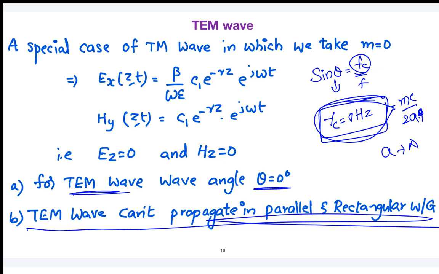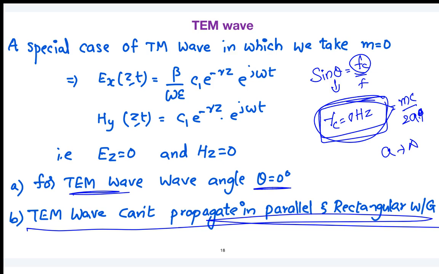I can consider that free space is also a waveguide where the TEM wave can propagate. Why? Because when you assume free space, you know the separation is infinity. I can assume there is one conducting plate at the uppermost and one conducting plate at the bottom, where you can see the free space has an infinite radius. We can assume free space itself as a waveguide where you can propagate the transverse electromagnetic wave.